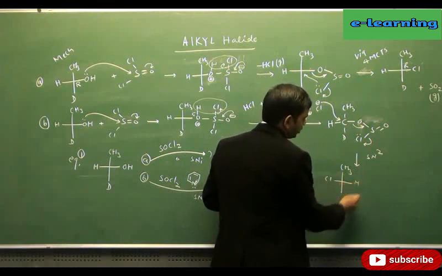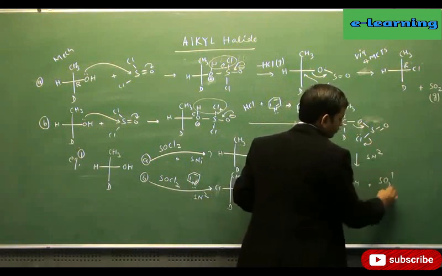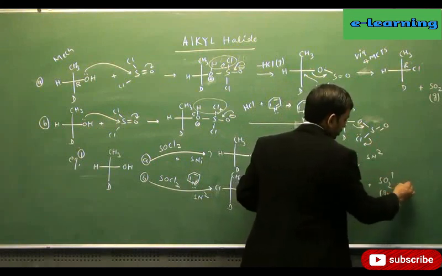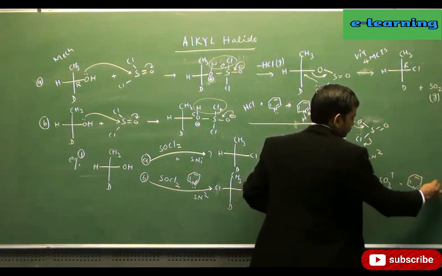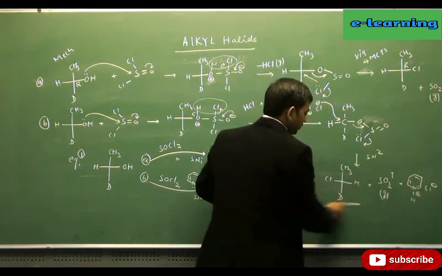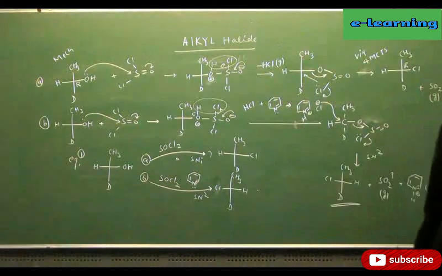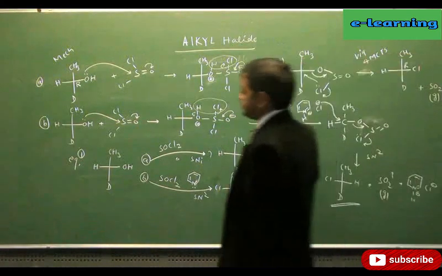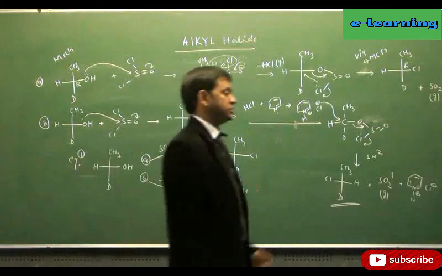There we obtain the inverted product, again with pyridinium chloride. So in the presence of pyridine, the reaction is converted into SN2. This is the major product in that case. Let us see next.